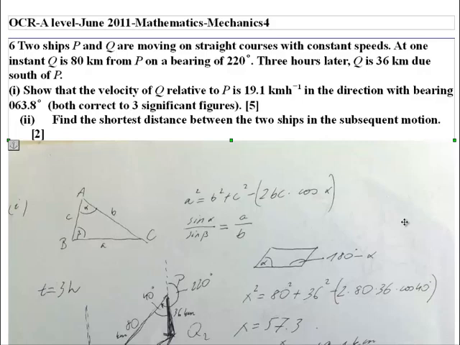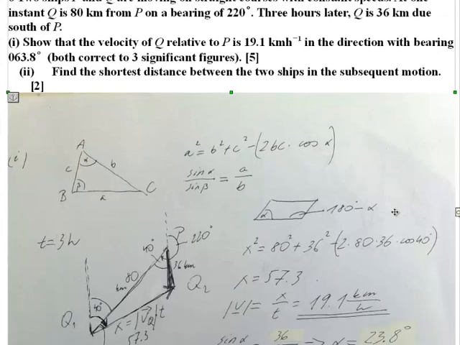At one instant Q is 80 kilometers from P on a bearing of 220 degrees. 3 hours later Q is 36 kilometers due south of P. Show that the velocity of Q relative to P is 19.1 kilometers per hour in the direction with bearing 63.8 degrees, both correct to three significant figures.